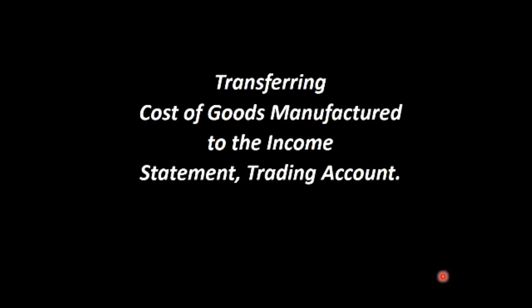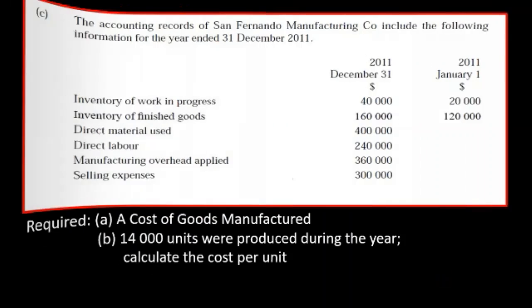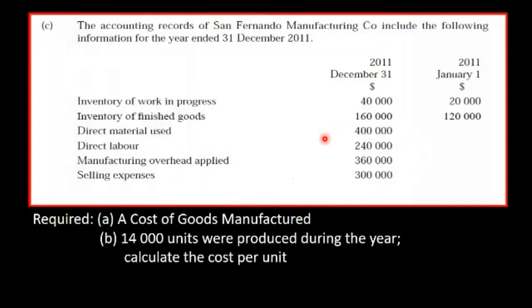Transferring cost of goods manufactured to the income statement trading account section. We hadn't done this before, but the best way to do it is to illustrate it with an example. The accounting records of San Fernando Manufacturing Company include the following information at the year ended 31st December 2011.